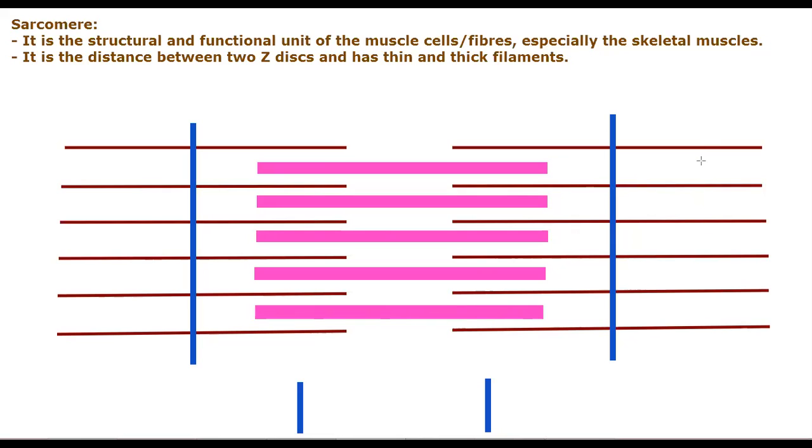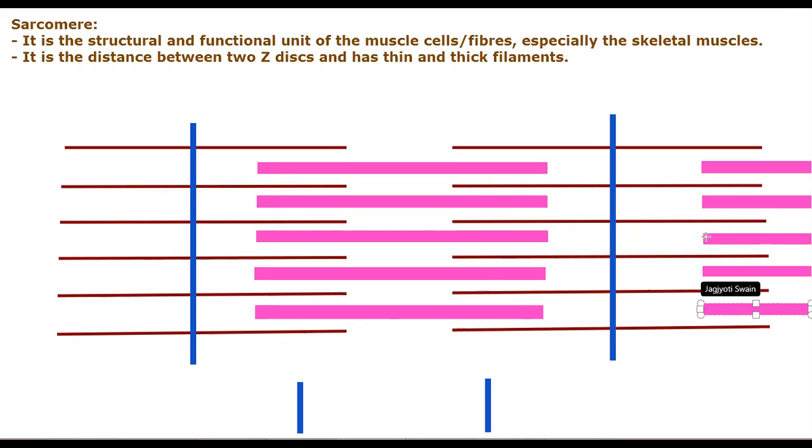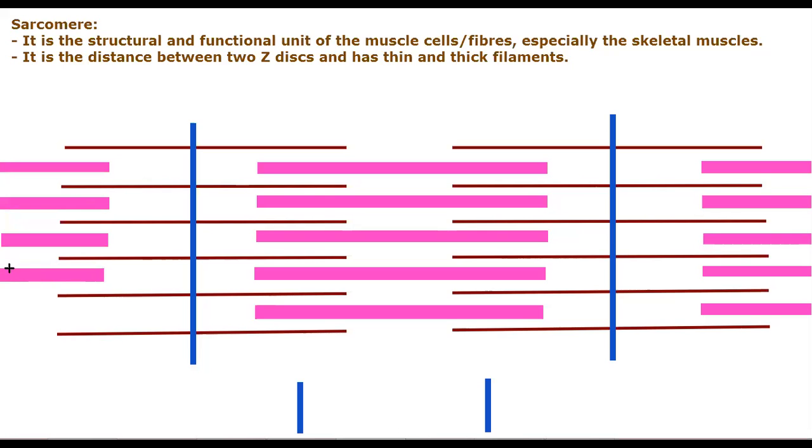So in the same way we will make here also. Okay, so we will just make it here. And similarly, we will also make here. Okay, so these are your thick filaments.